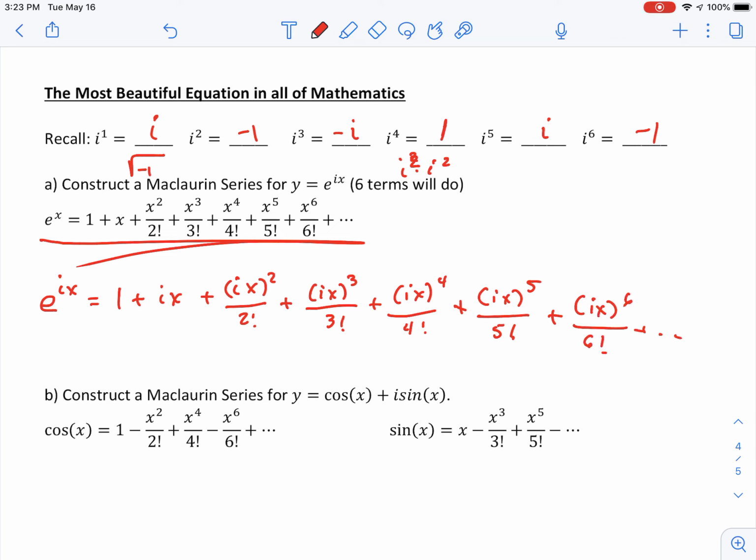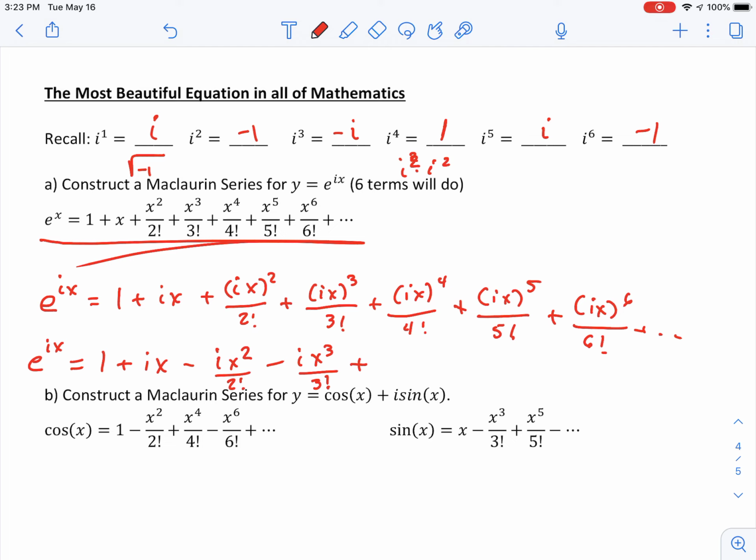Now, this doesn't mean a whole lot like this, but the reason why we did all those values at the beginning is so that we could simplify this. So we could realize that this is just going to be 1 plus ix. And when we have i squared, that's going to be -1. So we'll say minus x squared over 2 factorial. And then we have minus ix cubed over 3 factorial.